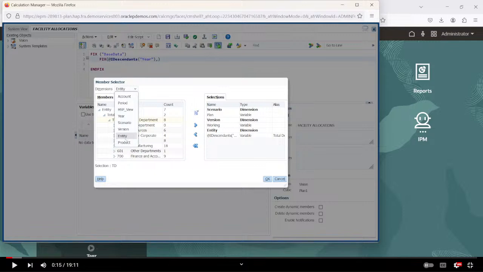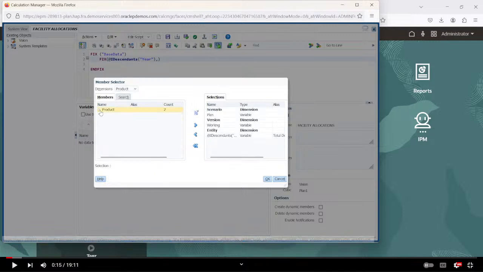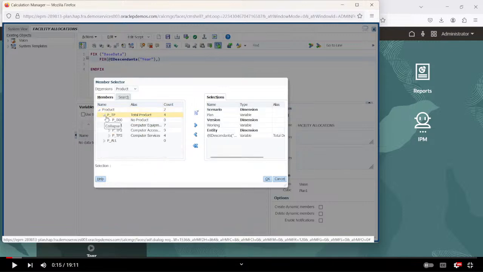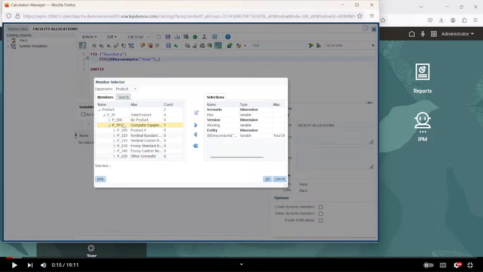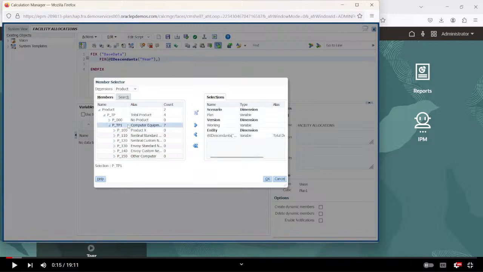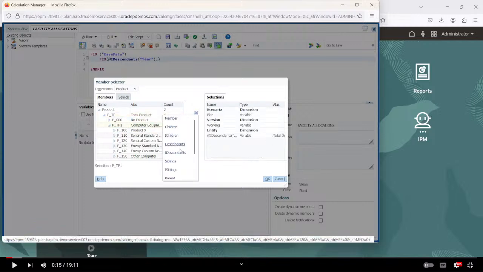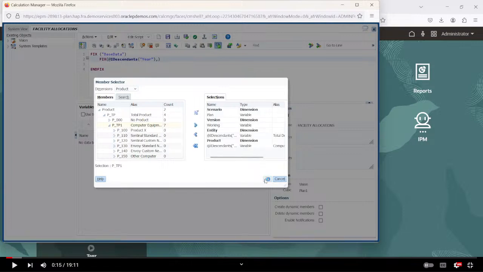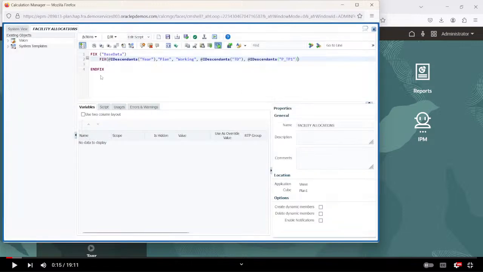Then go to product. Again, let's take all the children of computer accessories. Okay, so here I fixed. Now end fix.